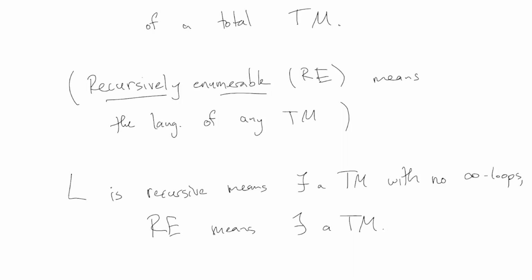Maybe that Turing machine has infinite loops or not. So in terms of the big nested circles diagram that I keep on drawing, the recursive is a smaller circle than the RE, because recursive has this extra qualification that there are no infinite loops for that machine. So I'm going to draw the same old diagram that I've done many times before.